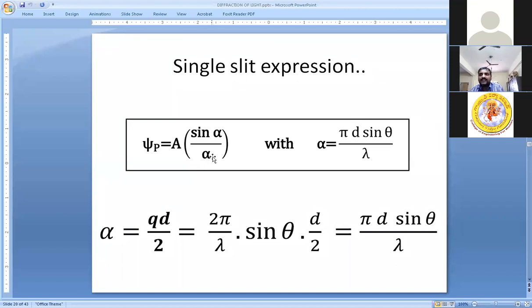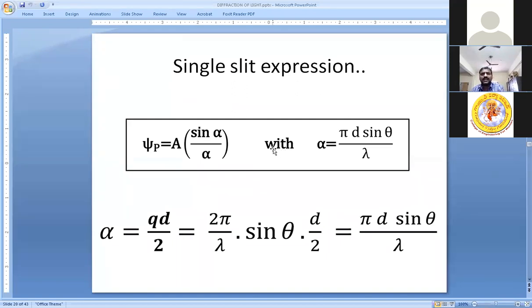Similarly, if light falls on your eye, you will feel not as amplitude, but as intensity of light. Whether the intensity is bright or dark, that's what you say. You will never say amplitude is higher, amplitude is smaller. You cannot physically feel the amplitude. You can only feel the amplitude through its intensity, right? So in every expression, after deriving this psi, we will go for intensity.